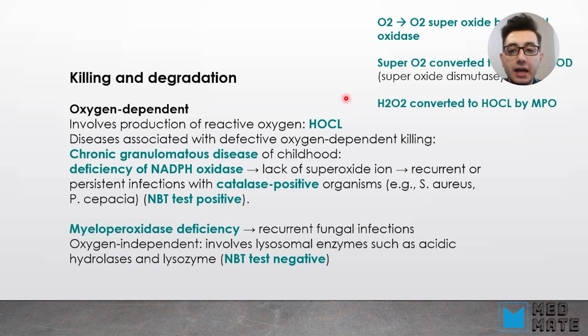But if an infection is catalase positive, then this second pathway is also defective, and we cannot form HOCl, and that leads to a recurrence of infections that are catalase positive. Examples of that are Staph aureus and also Pseudomonas.